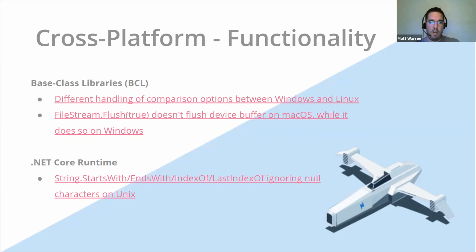When it's a clear bug, it will get fixed. But there are times where the behavior is just different and it's relying on the OS. I've seen more cases recently where the .NET Runtime is saying that we're relying on the underlying OS, we're not going to make it behave the same in .NET, we're going to rely on the behavior of the OS. So it's just really a caution to look out for if you're getting into this cross-platform side of things.